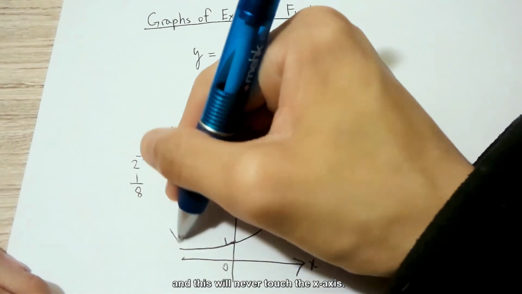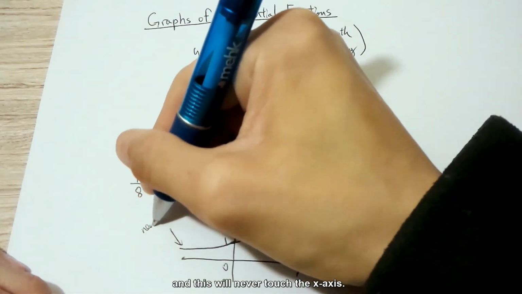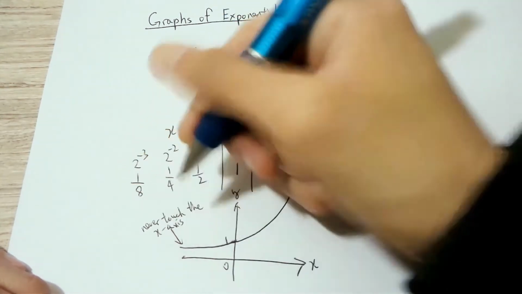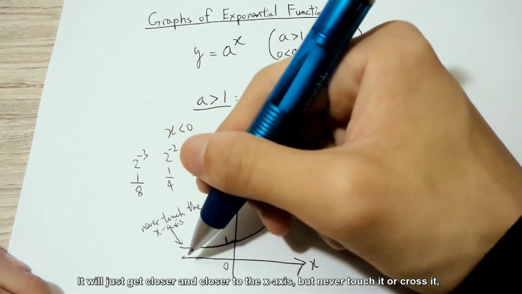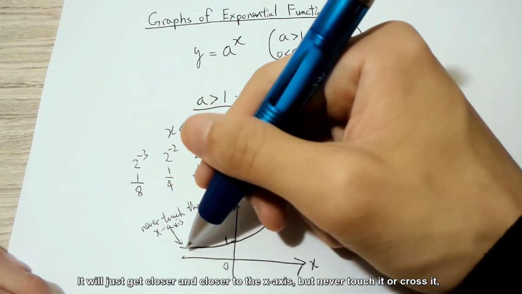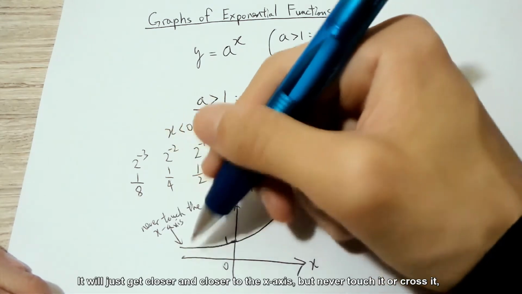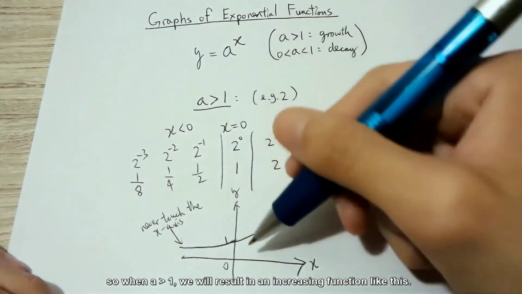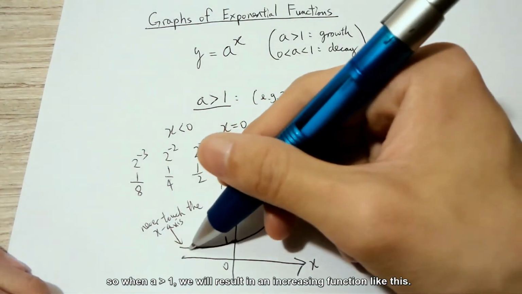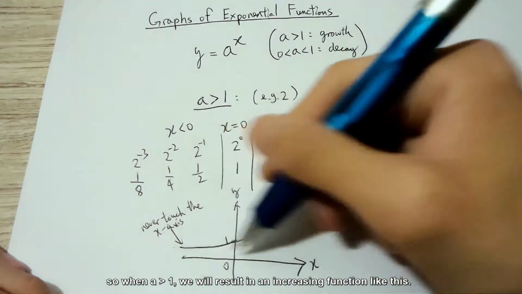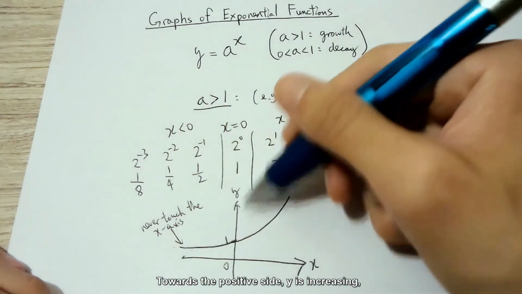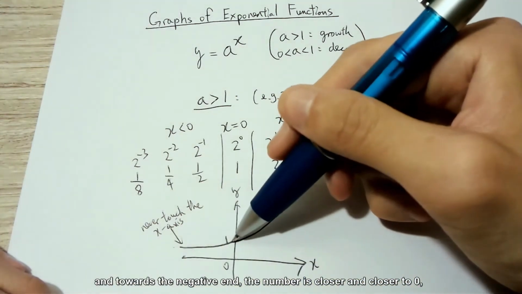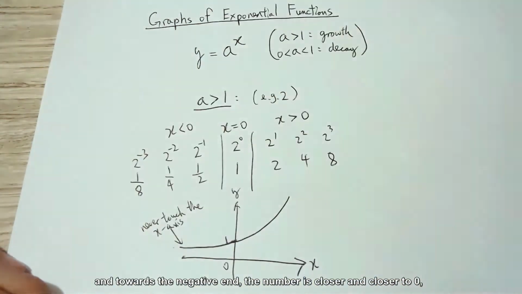And this will never touch the x-axis. It will just get closer and closer to the x-axis, but never touch it or cross it. So when the base is greater than 1, we will result in an increasing function like this. Towards the positive side, the value of y is increasing, and towards the negative end, the number is closer and closer to 0.